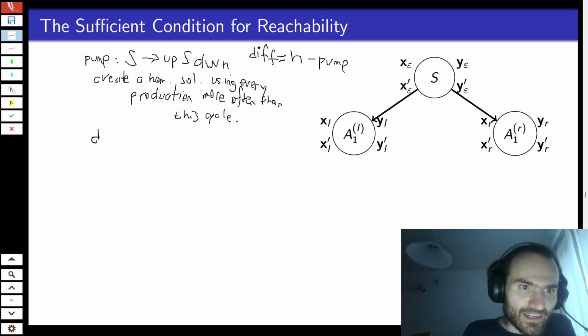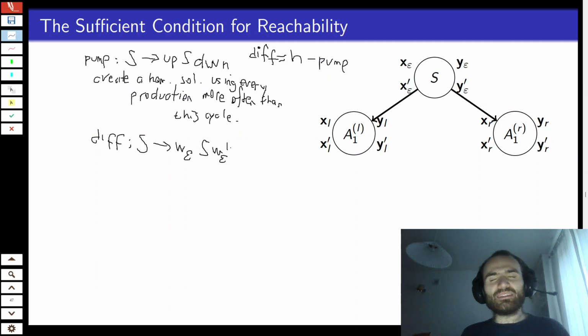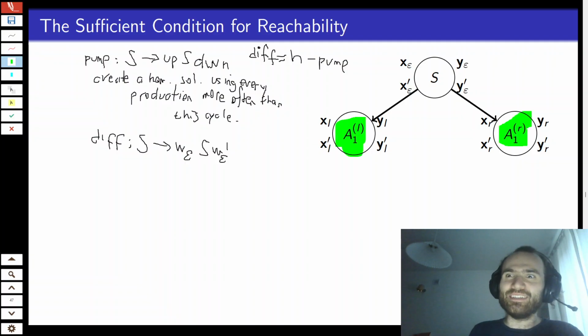So there is now a cycle diff that goes S goes to W epsilon S W epsilon prime. But remember, diff took a homogeneous solution and subtracted something. So diff, of course, also has parts here and here. So this is just diff epsilon.